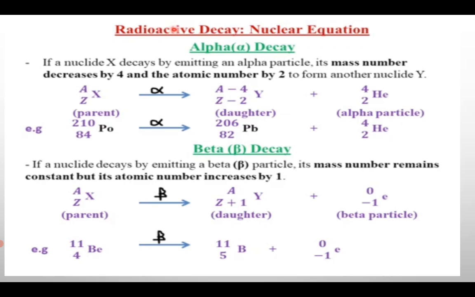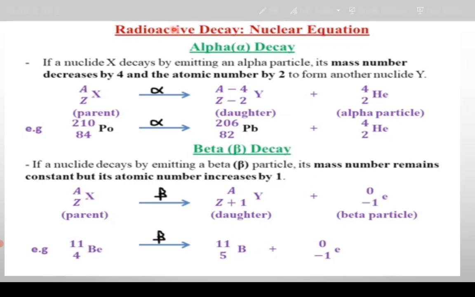Remember that a beta, from our first lesson yesterday, lesson number 1, we said that a beta is simply an electron with a mass of 0 and a charge of -1. Don't forget this, because it shall help you when you are working out the nuclear equations.